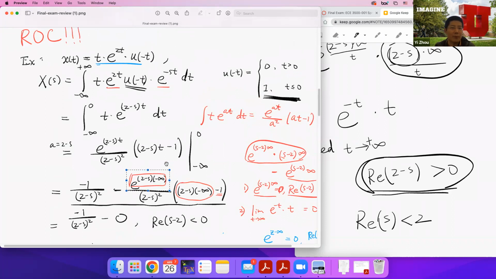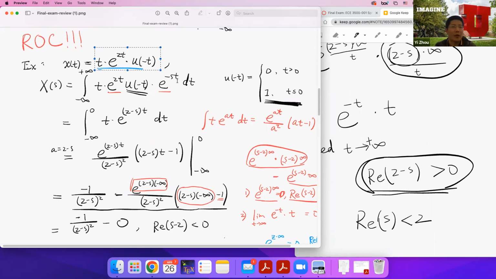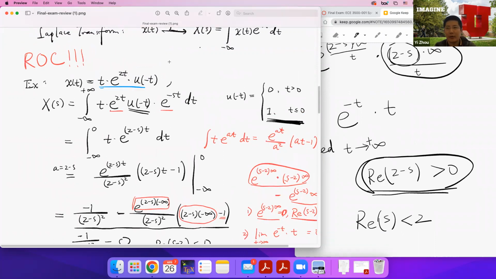Now for this example, we have another approach. If you look at the signal, in the class we have derived the Laplace transform for this type of signal, for an exponential signal multiplied by a unit step type signal. But this x(t) we can view as t times such a signal.